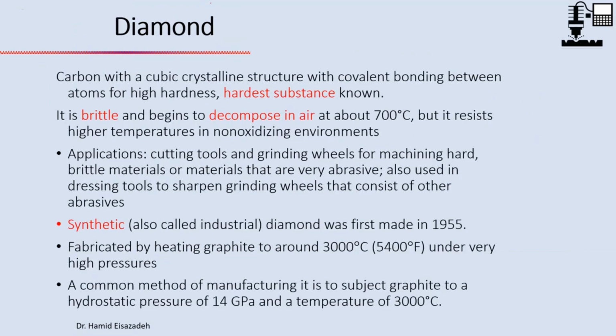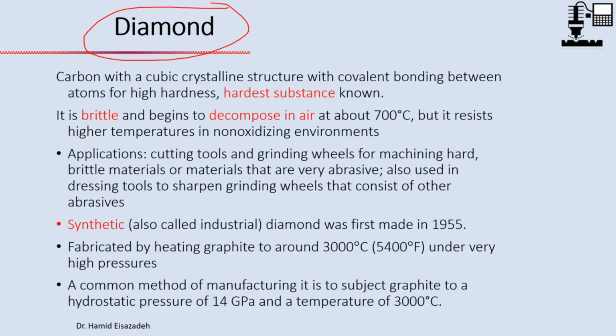Next material is diamond. In the diamond, we have carbon with a cubic crystalline structure, and covalent bond is the type of bonding we have in this material. Remember, the graphite had covalent bonds only in the layer. Between the layers, we had a van der Waals bond.